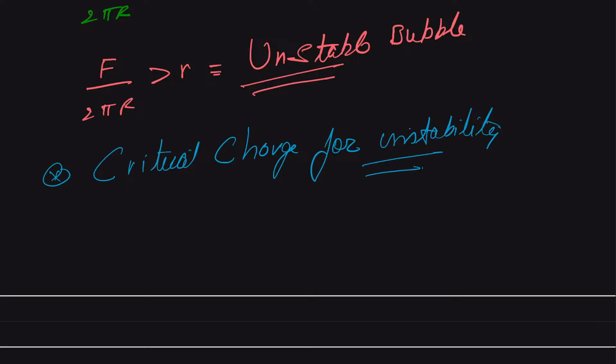One of the unique properties associated with surface tension is that it tries to minimize the surface area, and the electric force, which is our electrostatic pressure, is trying to expand the bubble. So these are the two forces which are in opposite directions.